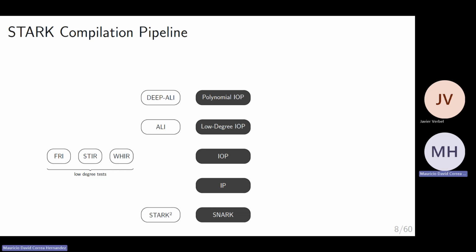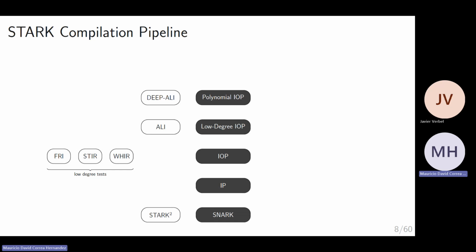So you can ignore the part on the left for a while. That's where the concrete constructions that make up Starks pop up. On the right is the compilation pipeline that's following the principle of giving the verifier superpowers and then stripping them away. So the strongest possible superpower is polynomial evaluation queries, and that's where we have the polynomial IOP.